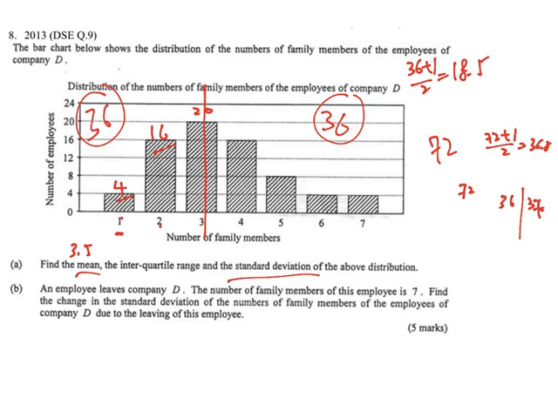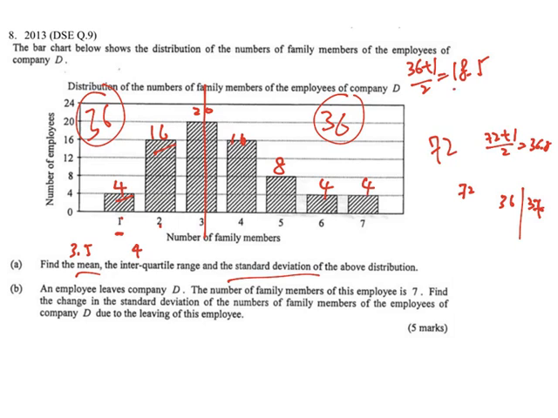That means it's between the 18th and 19th. So let's see from right to left. From the right, it is 4, 4, 8, you see, it's 16. So the upper quartile is here, because of the 18th and 19th. It is 16. So the upper quartile is 4.